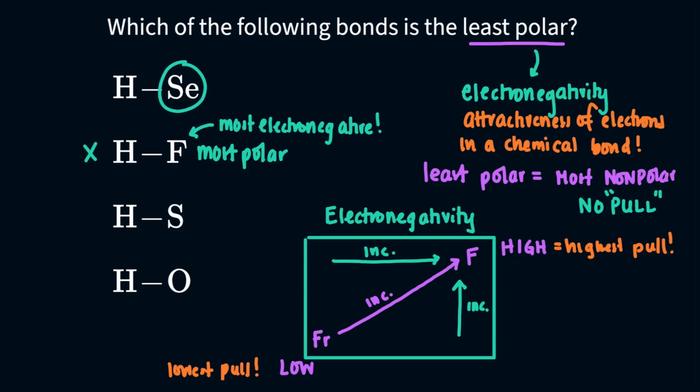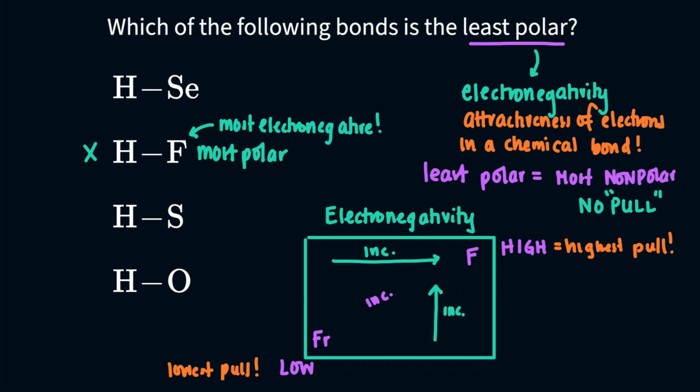Well, we just got to find out where selenium, sulfur, and oxygen are on the periodic table. I guess I could just draw that again. I just kind of want to make it as close to the periodic table as possible.